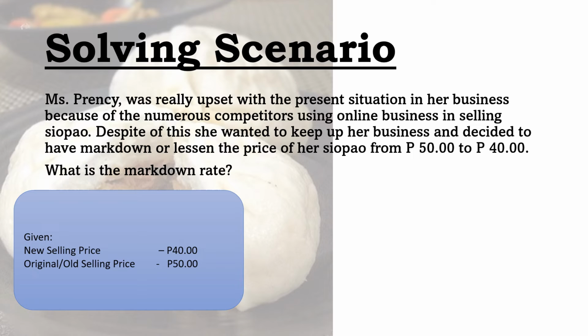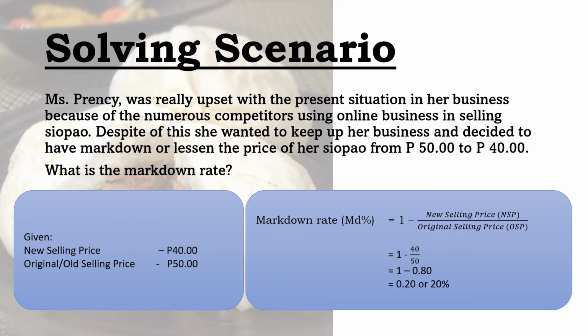So the given are the new selling price, which is 40 pesos, and the original or the old selling price, which is 50 pesos. To compute, the formula is markdown rate is equal to 1 minus new selling price divided by original selling price. So let us substitute: 1 minus, the new selling price is 40 and the original selling price is 50.